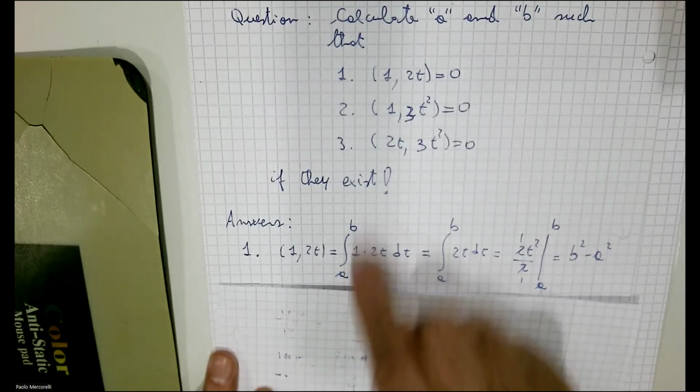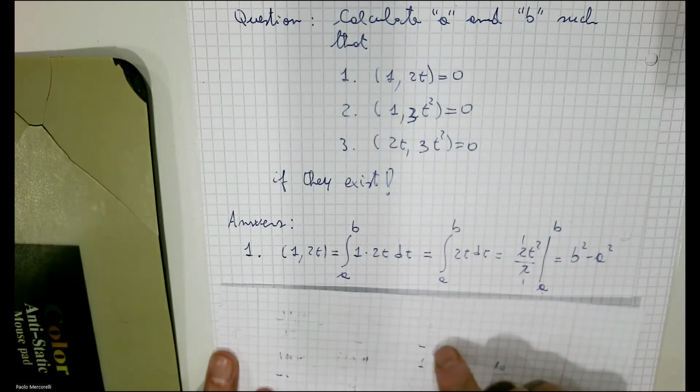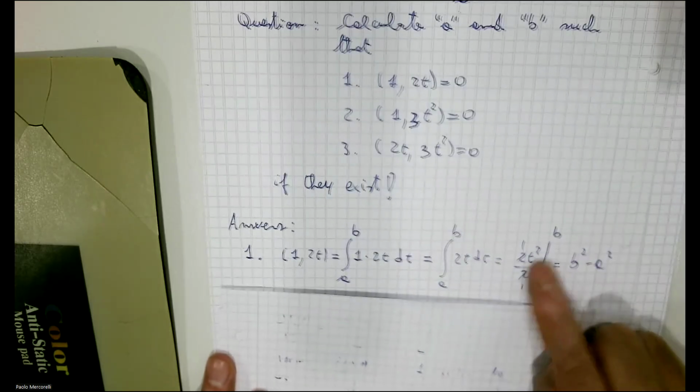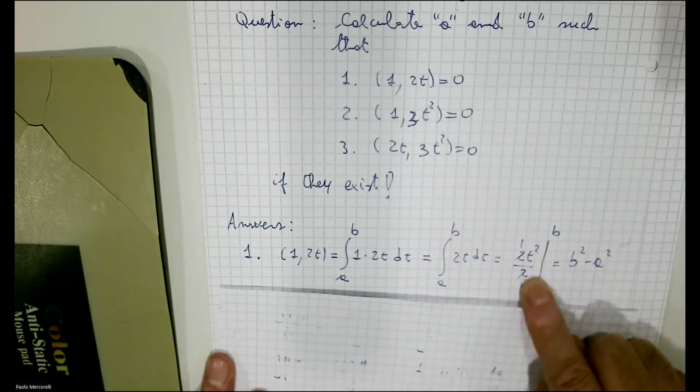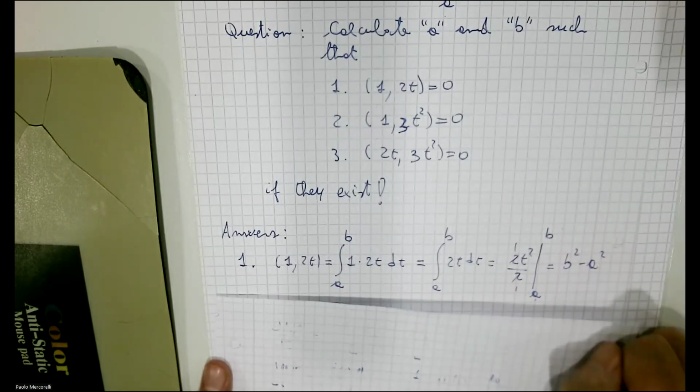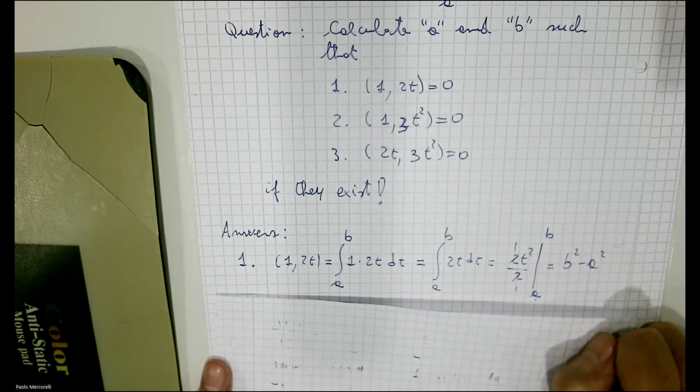1 multiplied by 2t between A and B. The integral of this is easy, no? 2 times t squared divided by 2, this means t squared, calculated between A and B. Think about the answer. When do we have 0?